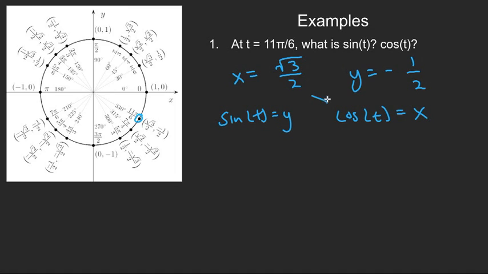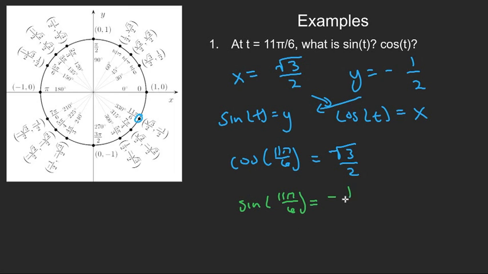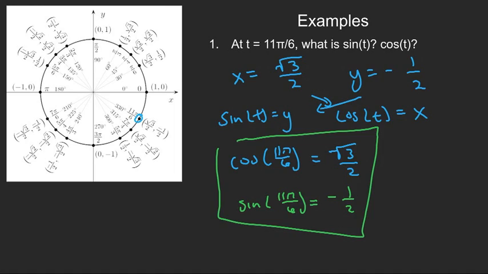So from that, we can just put some arrows, and we know that cosine of 11 pi over 6 equals root 3 over 2, and sine 11 pi over 6 equals negative 1/2. Okay, let's move on to the next question.